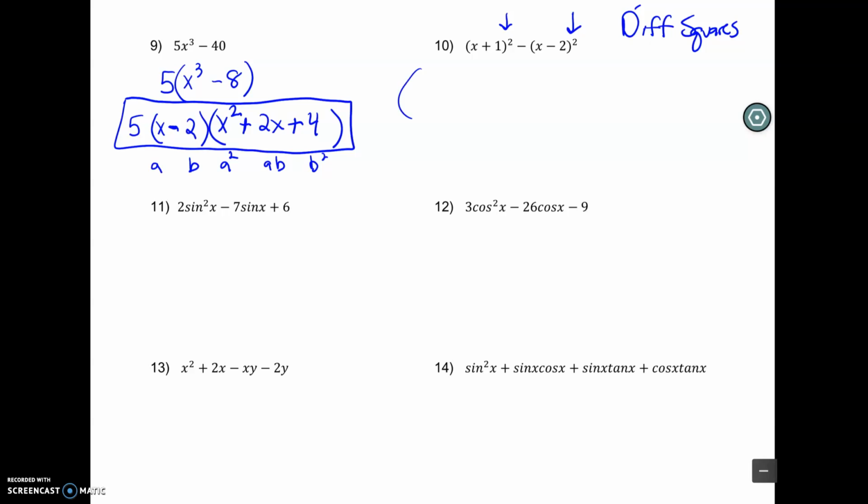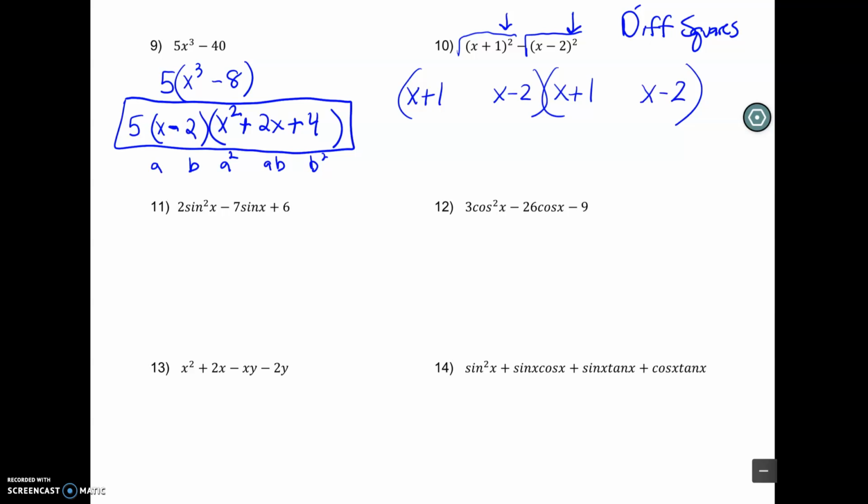We're going to do 2 parentheses, and I'm going to put the square root of this first term. So the square root of that, well, the square root of a quantity squared is just the quantity. And that goes in my first spot in each of my parentheses. Then I do the square root of the second term, and that is also just the quantity.